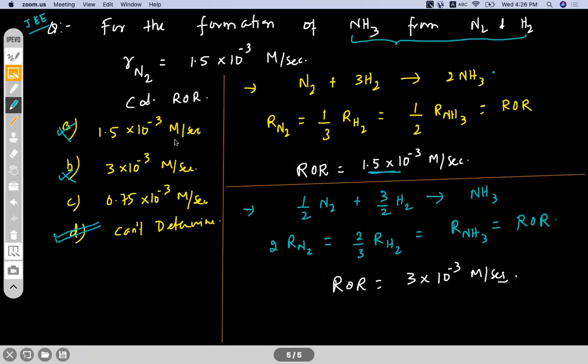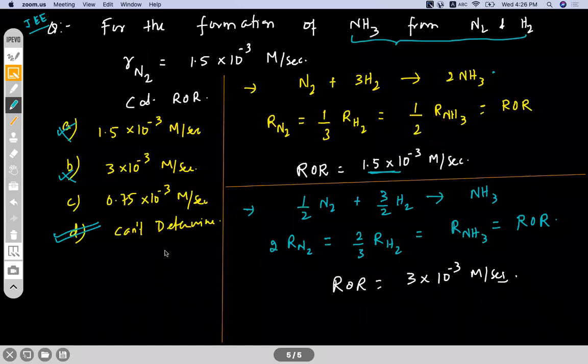Okay, so one note you write down here: if balanced chemical reaction is not given, then we cannot find out the rate of the reaction, since the rate of reaction depends upon the stoichiometric coefficient.